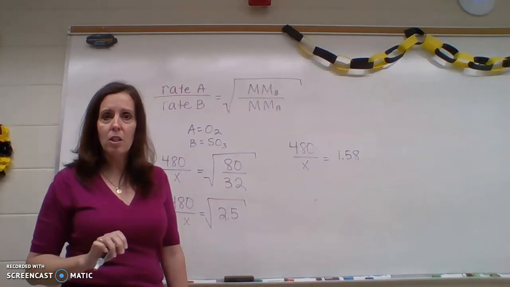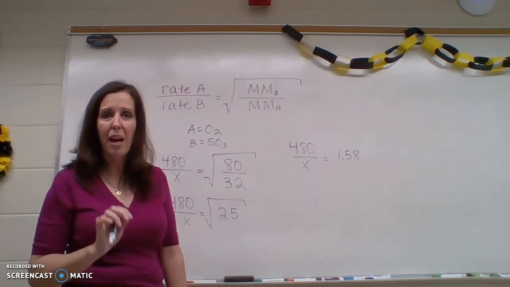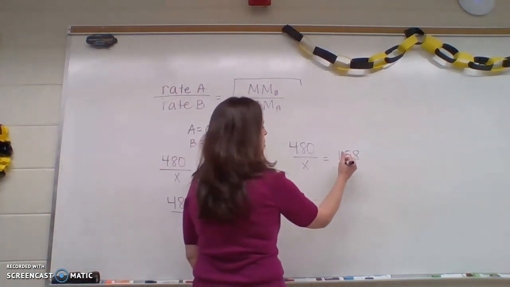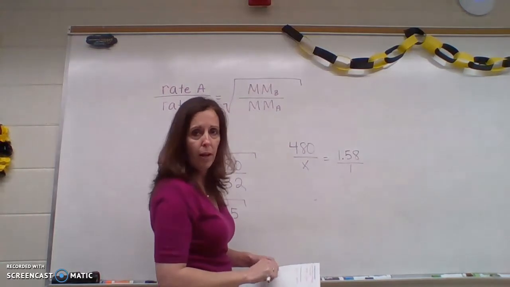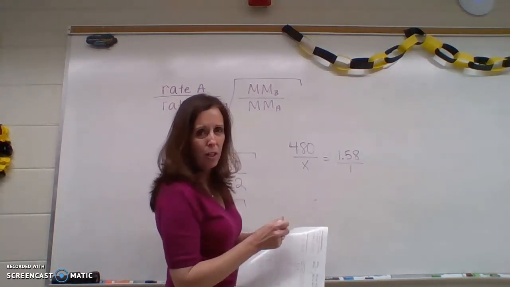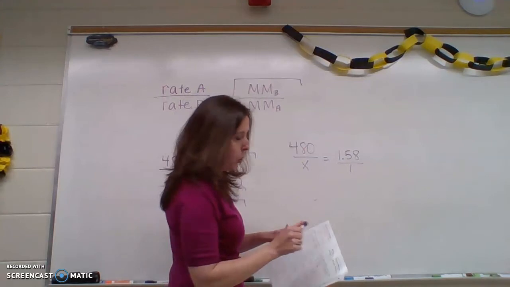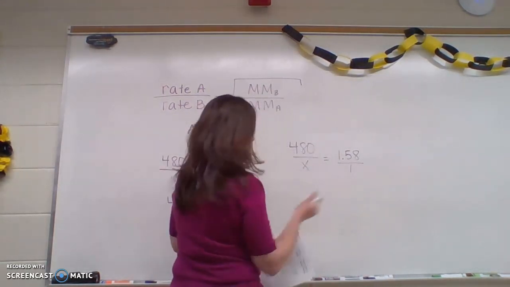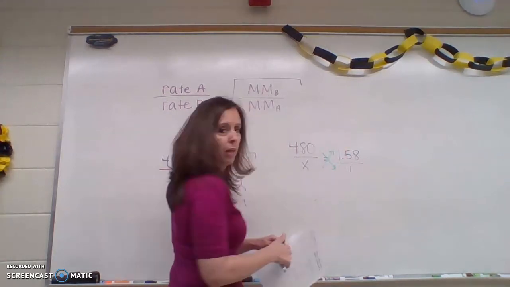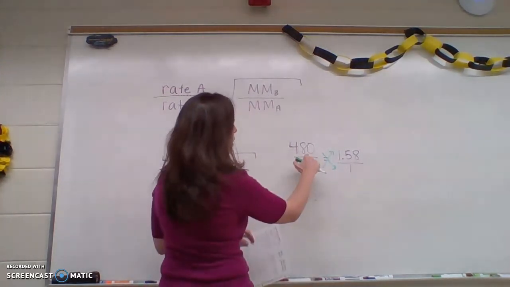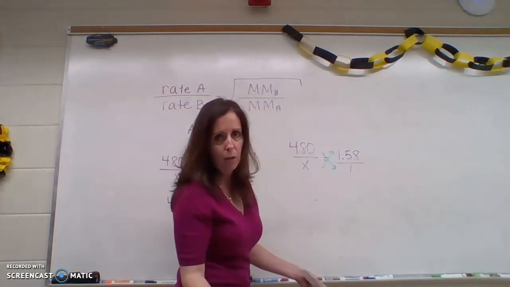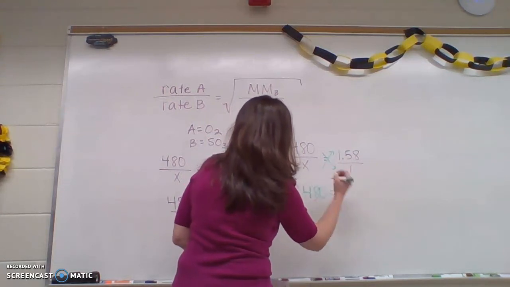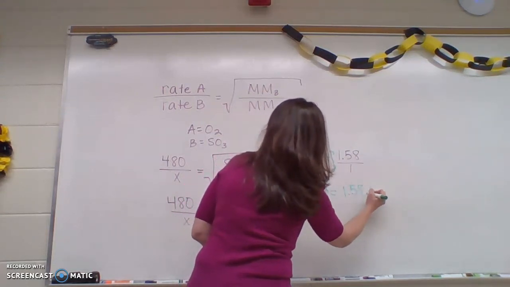Now, yes, X is in the denominator, but that's okay. If that bothers you when you're going to solve, you should take this number and put it over 1. Because if you put it over 1, do you really change a number? No. And then you can just cross multiply. So now I have 480 times 1 equals 480, right? 1.58 times X, 1.58X.